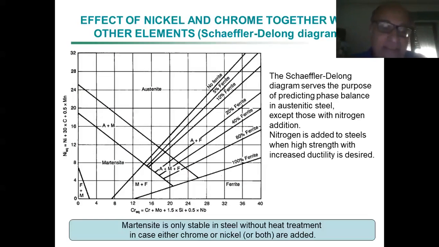Some are called alphagen, and other ones are called gammagen. So there are some that expand the austenite area, and others that expand the ferrite area. The first are called gammagen, the other are called alphagen.